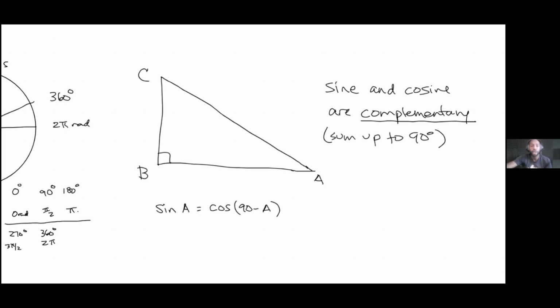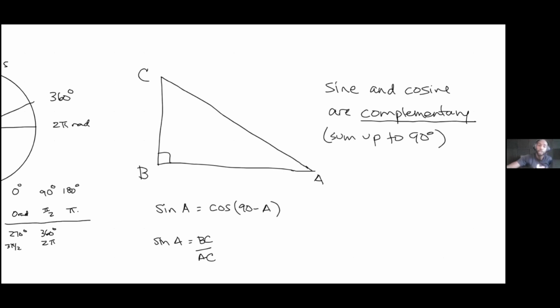The sine of angle A is going to be equal to BC over AC, right? Okay, now, whatever angle A is, we know that angle A and angle C are going to sum up to 90 degrees.